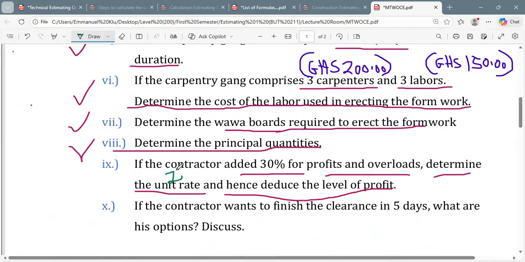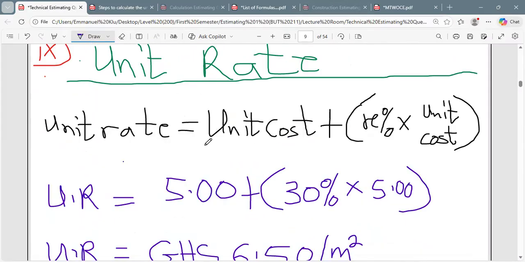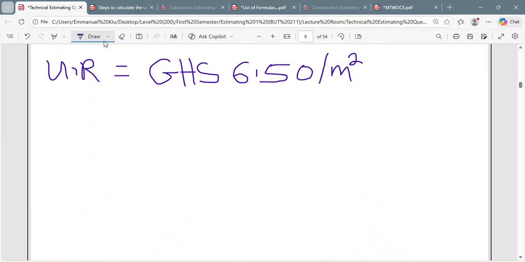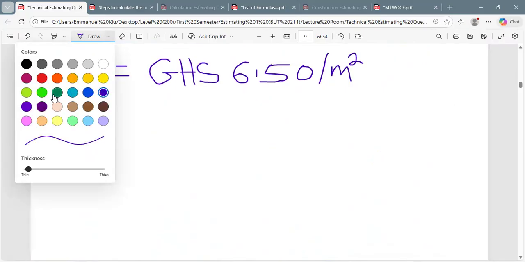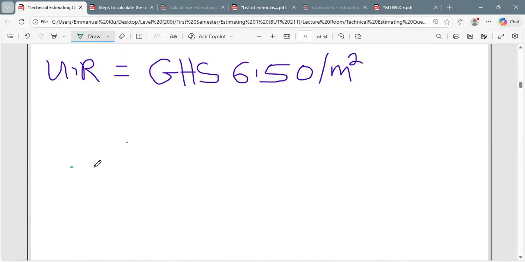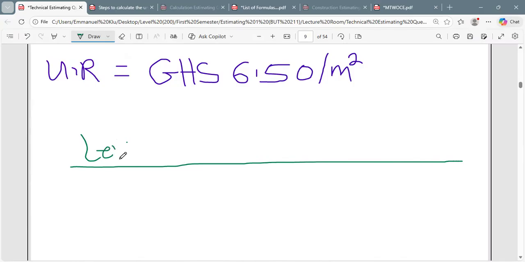So this is question one, and this is also another question. They say deduce the level of profit. Let's also calculate that quickly and then proceed. So we now have to calculate our level of profit.